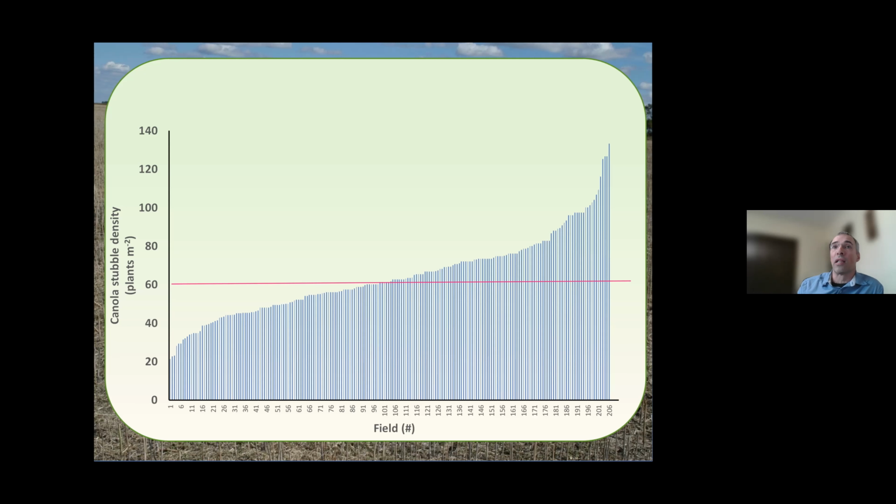We can get away with a little less if everything else is favorable. But if you look at these densities across the spectrum, about half the fields, this was our harvest loss survey from almost a decade ago, but half the fields of canola in Western Canada across the 3 prairie provinces are operating below that 60 plants per meter squared and may not be maximizing yield potential.